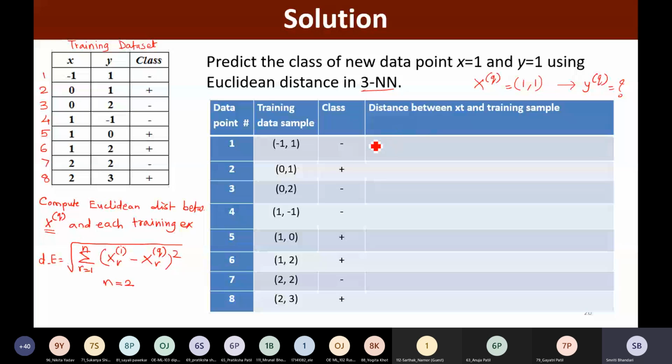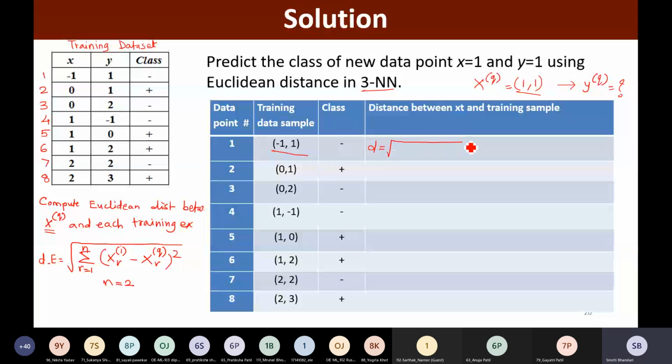Now let us try to find this. For xi, i equal to 1, for the first example, we want to find the distance between -1, 1 and the query instance 1, 1. So how to compute this distance?